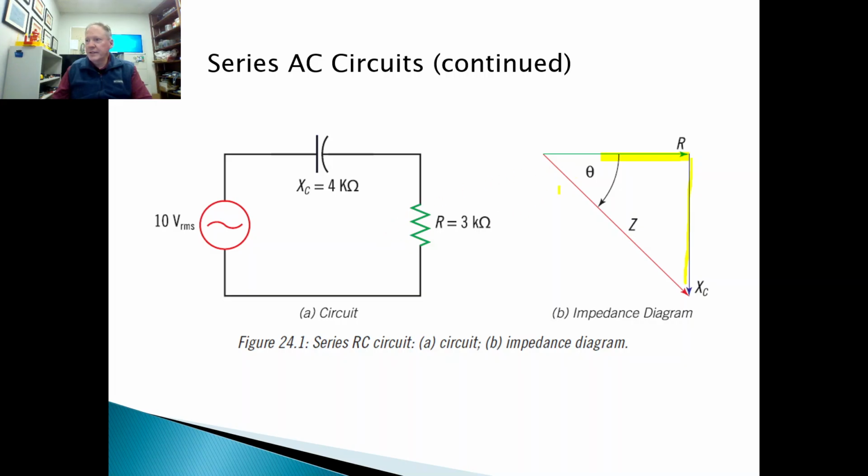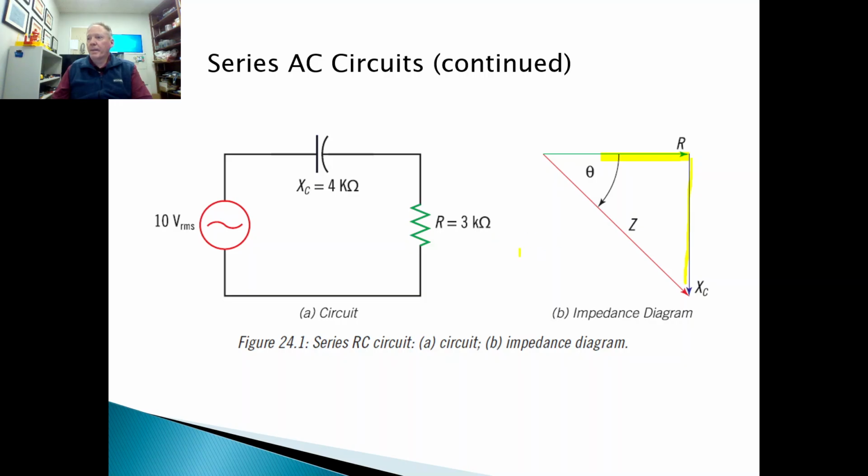So in this, and remember, we take R squared plus X squared, and then take the square root of that, and that gives us Z. And then we can get the angle here by taking the inverse tangent of the opposite over the adjacent, or the X of C over the R.